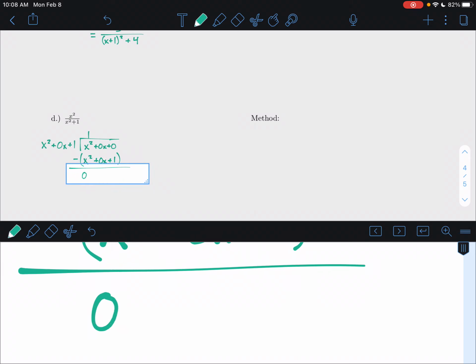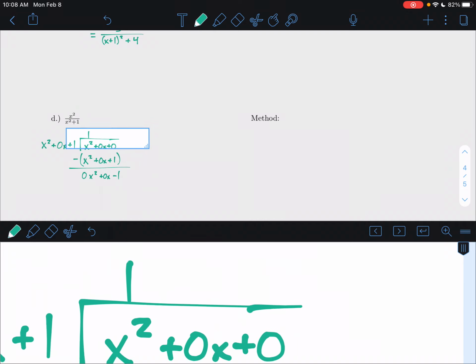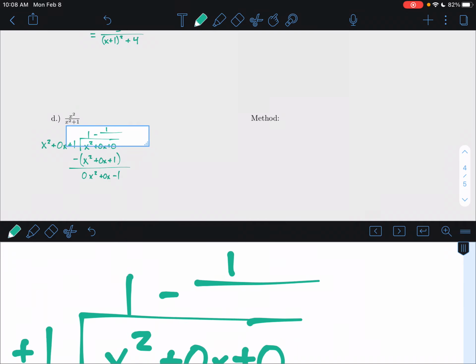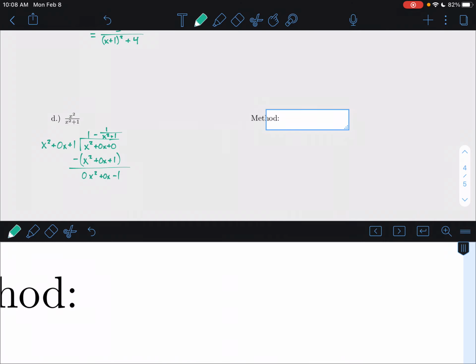So I got 0 x squared plus 0x, and then 0 minus 1 is minus 1. So I have minus 1 over, and that minus 1 is my remainder, over the divisor, x squared plus 1. And again, that 1 over x squared plus 1, that's an arctangent. So our method here was long division.